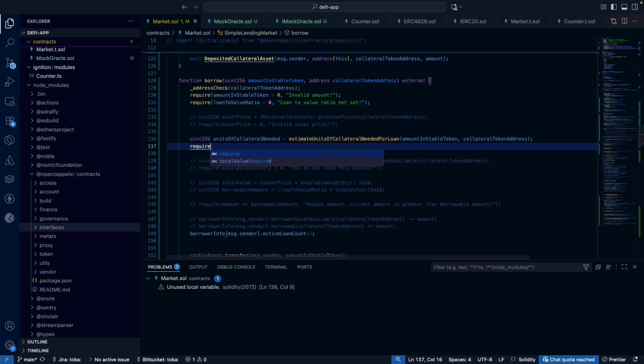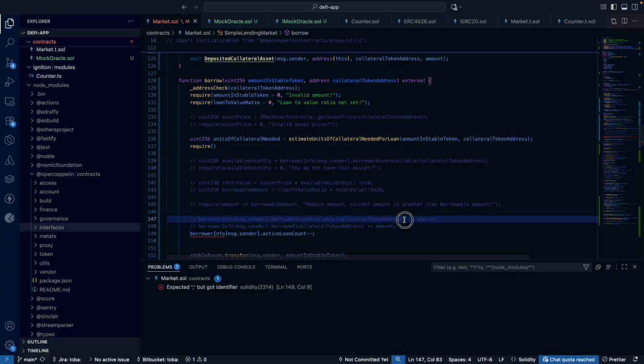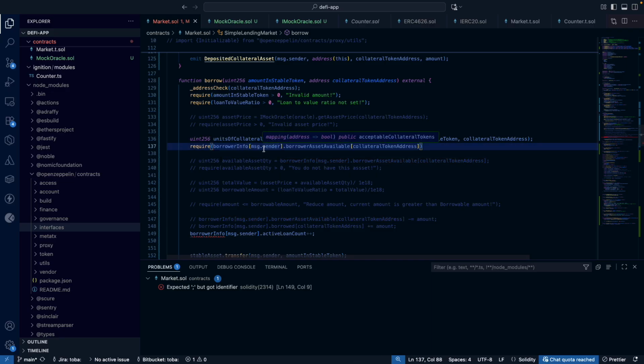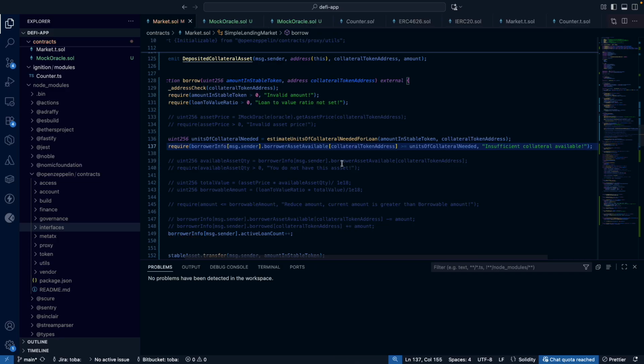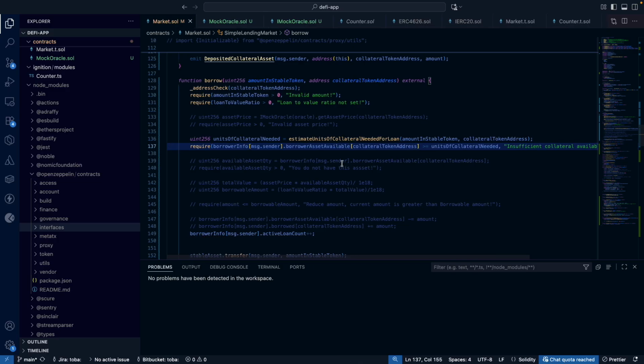So we need to require that the user balance, which is this, the borrower info message.sender borrower asset available collateral token address, must be greater than or equal to units of collateral needed, else insufficient collateral available. Boom.